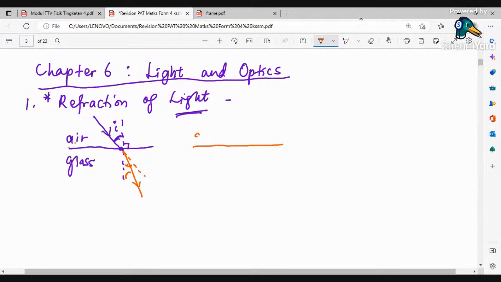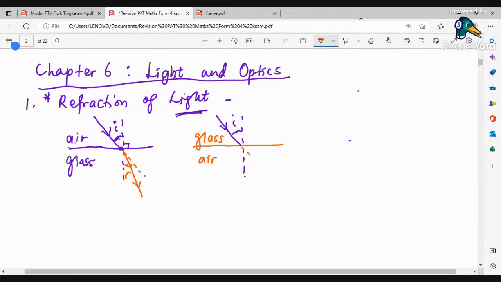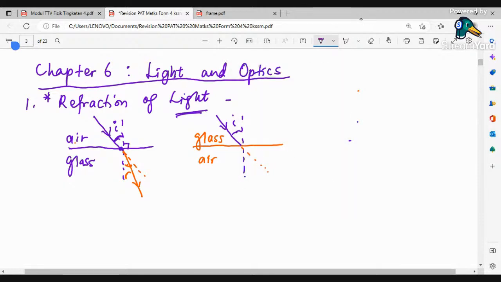Let's say from glass to air. This is the incident ray, normal line, angle I. If no refraction, it should travel in a straight line. Now the speed increases, causing it to refract away from the normal.